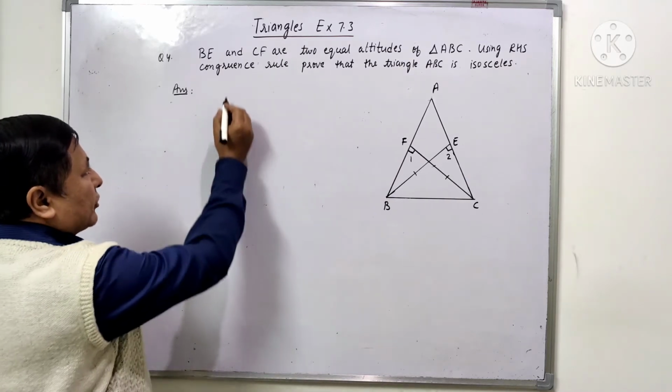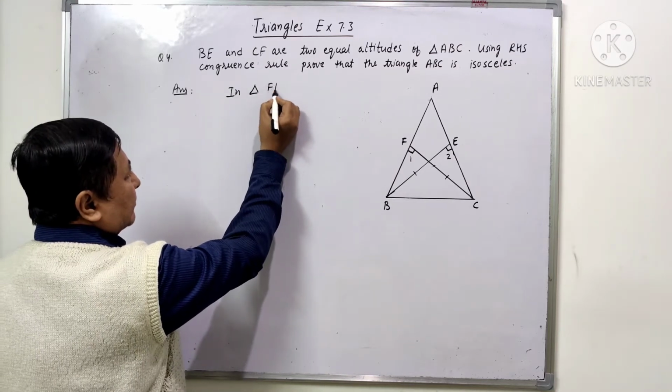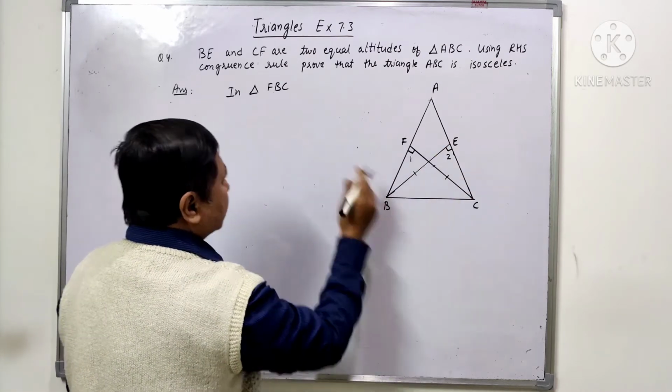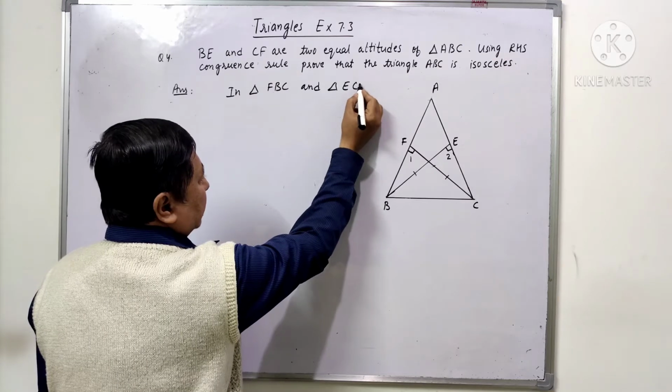Now in this, what we'll do is we'll take the triangle FBC and ECB, and we'll prove these two triangles congruent.